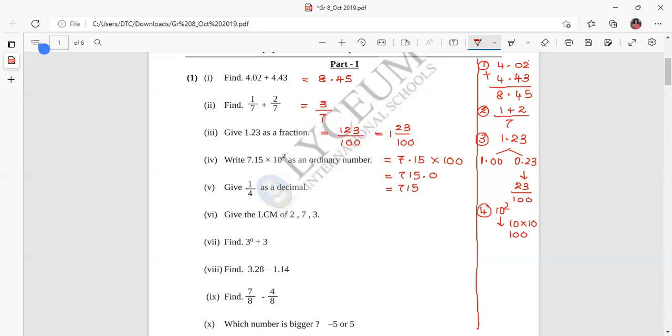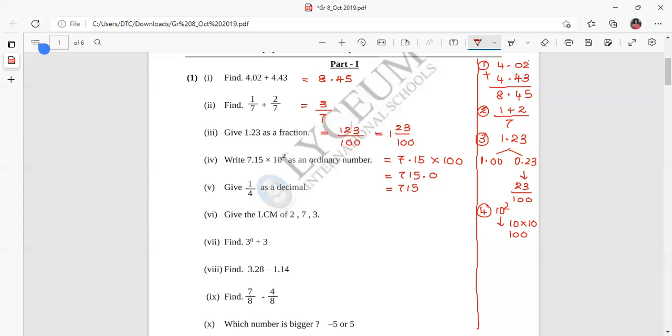I know that when I'm writing the answer like this, most of you may be thinking, do we need to write all these steps, right? So this is part 1, question number 1. Do I need to write all these things? No, but we want to show something. What it is, the steps we follow to get the final answer. Now the decimal point, earlier it was in between 7 and 1.